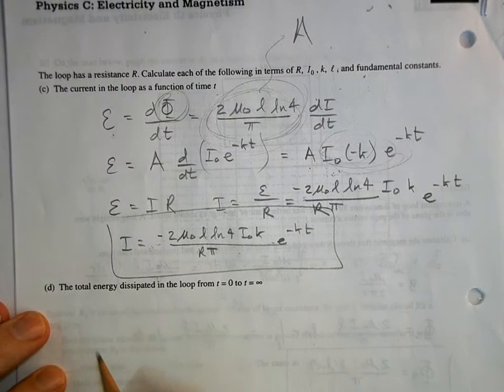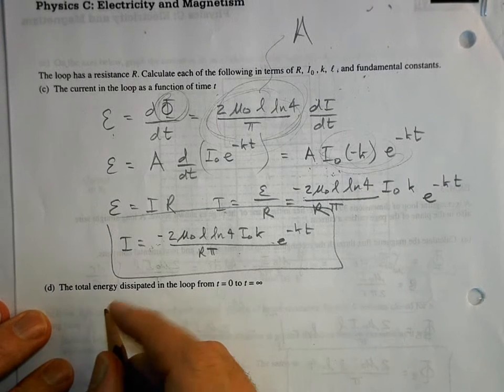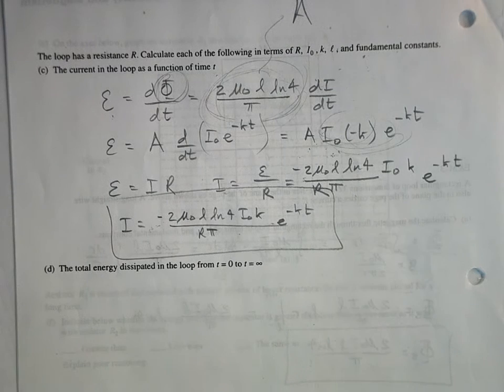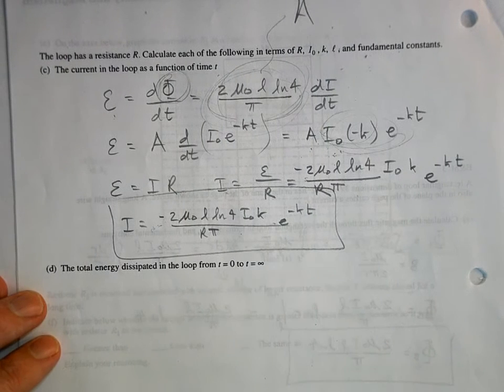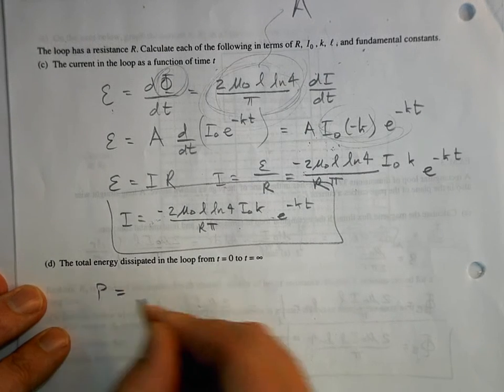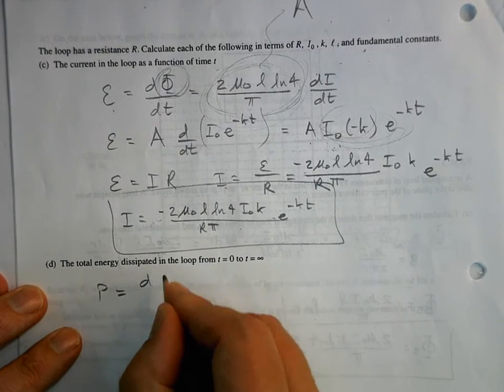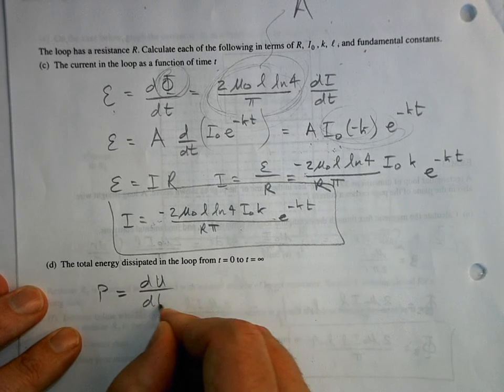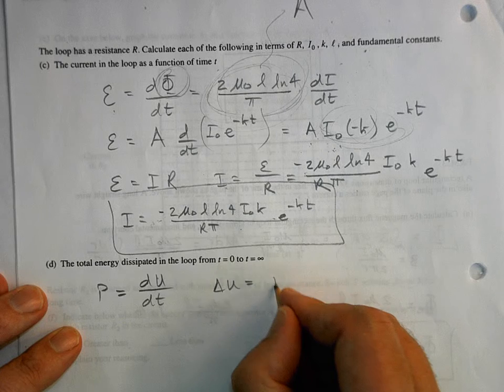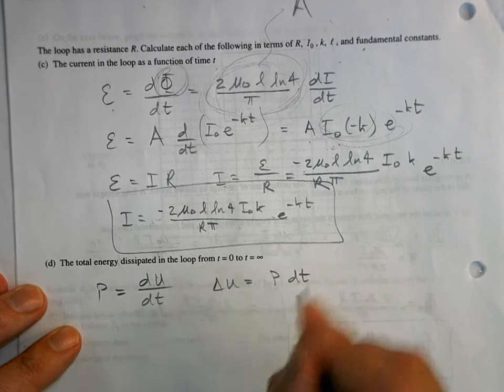Well, here's a trick, and by the way, if the bell rings, just let me finish. Power equals the time rate of energy. So the change in energy is equal to power times time, if I want the total.